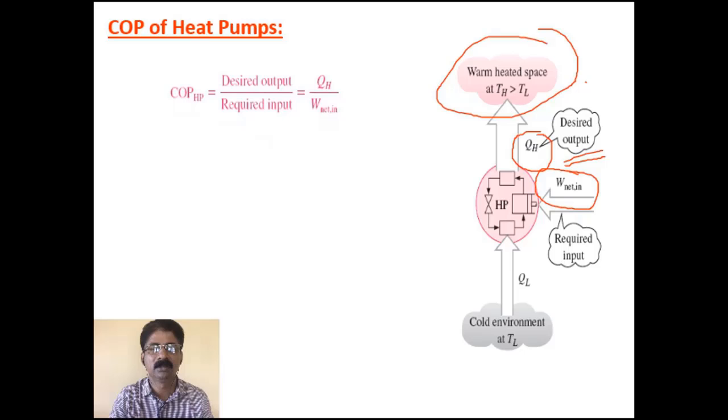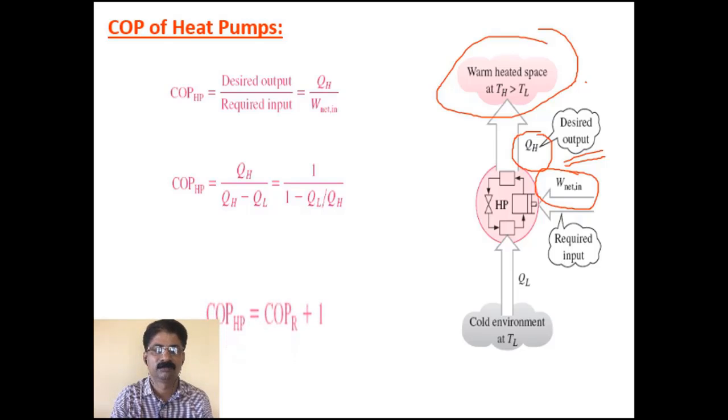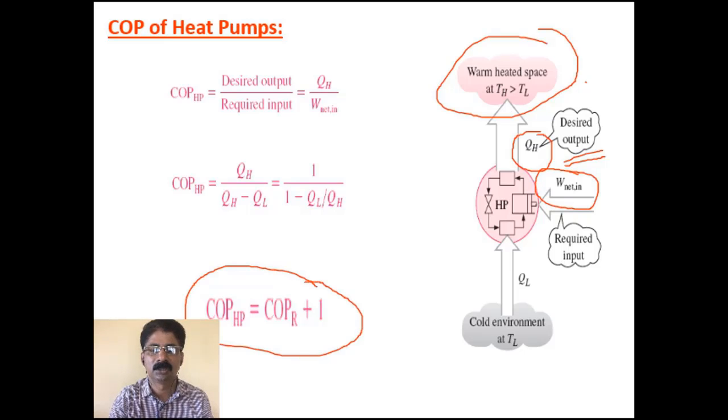So COP of HP, the heat pump, is QH by W net in, and if you substitute for W net in, it becomes QH divided by QH minus QL, which is equal to 1 by (1 minus QL by QH). So COP HP is equal to COP R plus 1. This is a very, very important relationship: COP HP is equal to COP R plus 1.